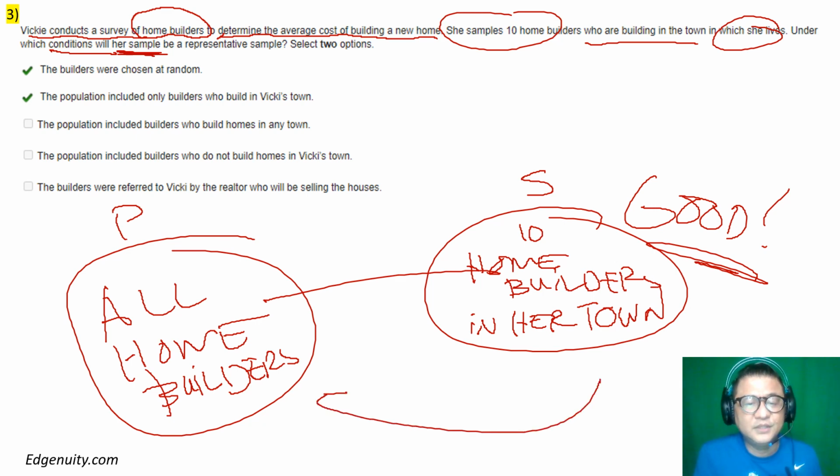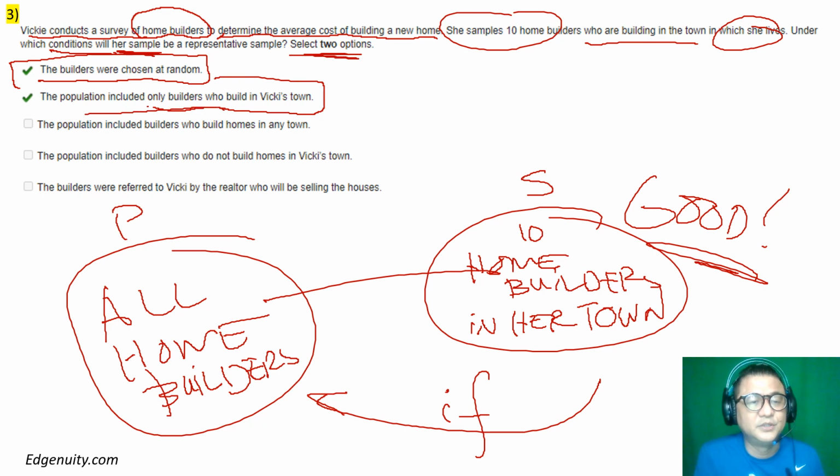Select two options. Number one, the builders were chosen at random. Of course, these 10 should be random. What else? The population included only builders who build in Vicky's town. Remember, she already chose this in her own town. So if your population is the builders from her own hometown, that will make it better, right?